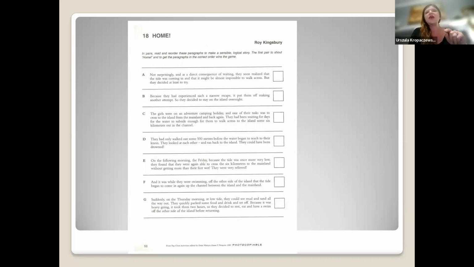Before students actually write, you can give them a sample of the writing piece. You can cut the paragraphs, make students put the email, for example, or the article into the correct order, and then they can write something on their own.